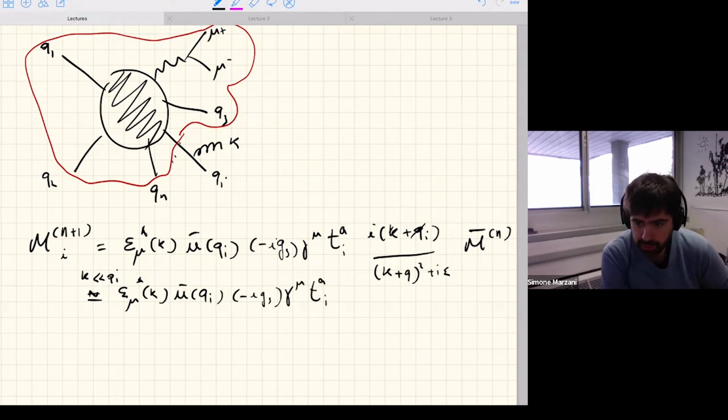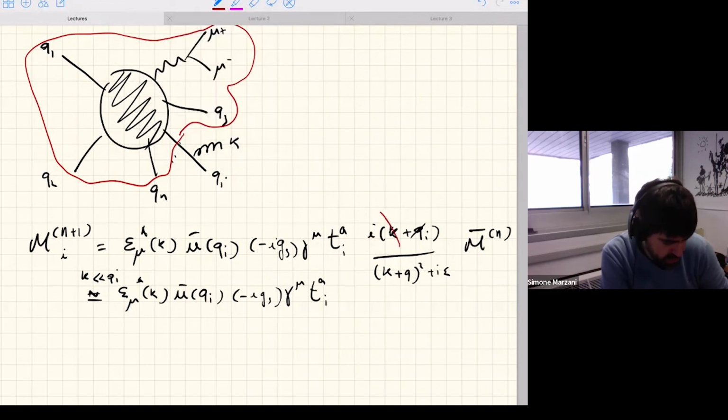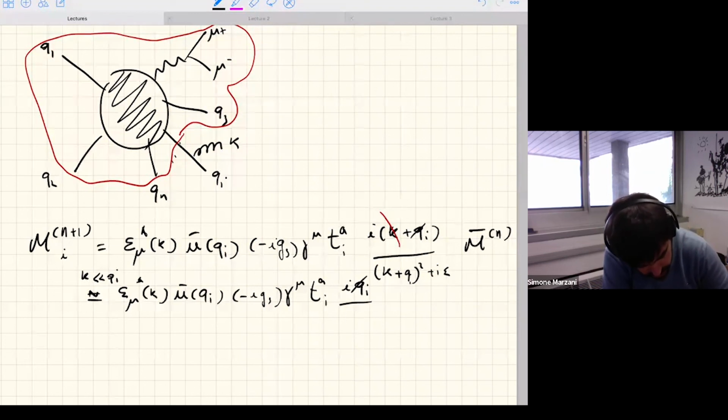Now we look at the numerator, where I can drop k slash because k is much less than Qi. So in the numerator I have i Qi slash, divided by, what do I have in the denominator? Well, Q squared is 0 because the gluon is on shell, Qi squared is 0, and so I'm only left with 2 k dot Qi plus i epsilon.